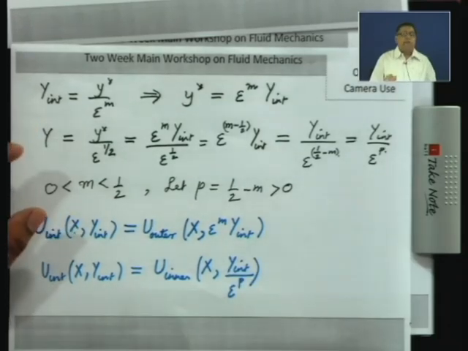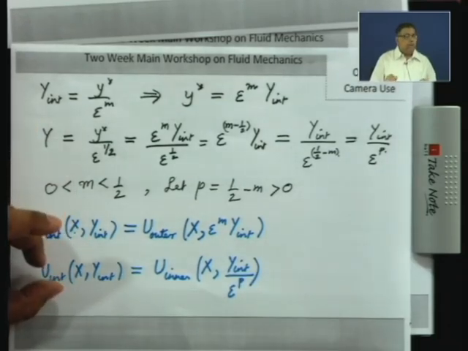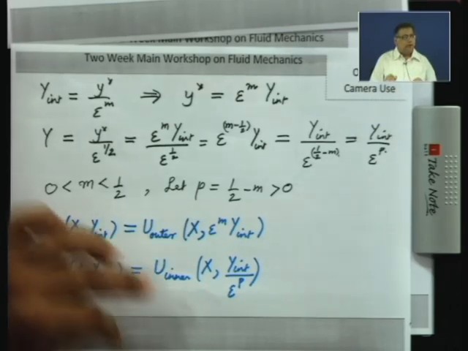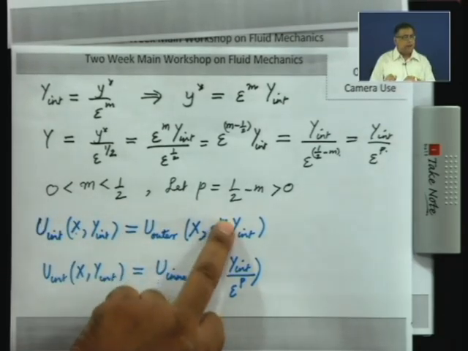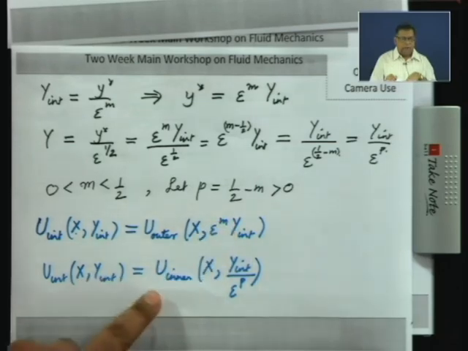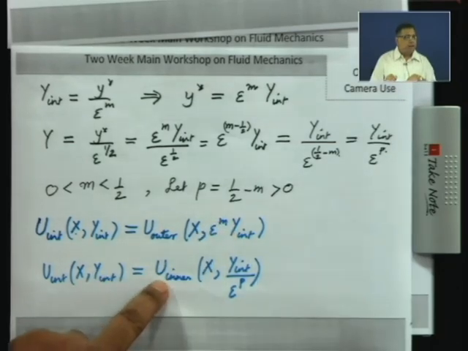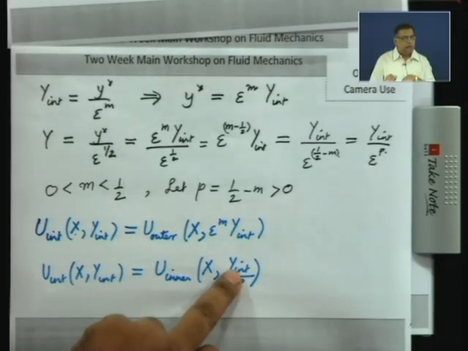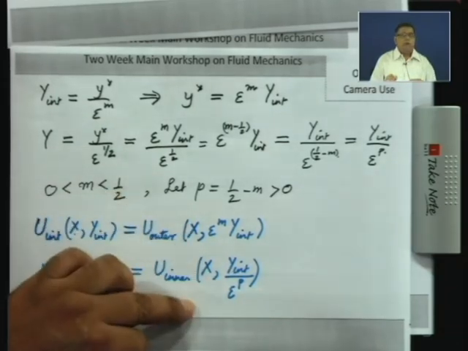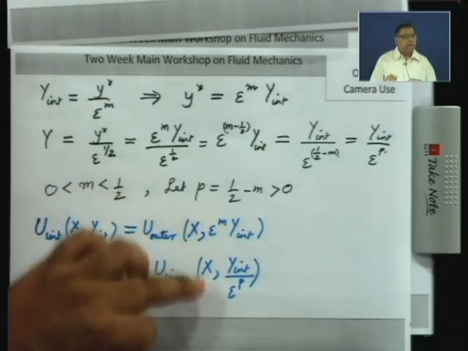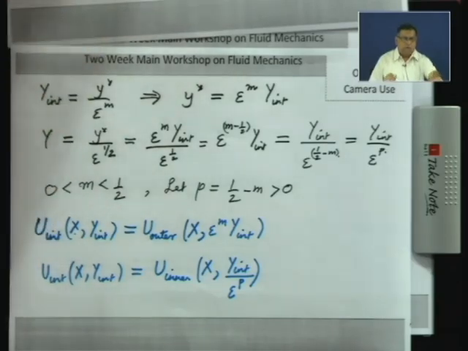So, without resolving the equations in the intermediate region, we will just take the approximate solution in the outer region, express that y star in terms of y intermediate, and we can also take the inner flow solution and express capital Y in terms of y intermediate. Now, we insist that these two will give you the same result at least in the limit as epsilon goes to 0.